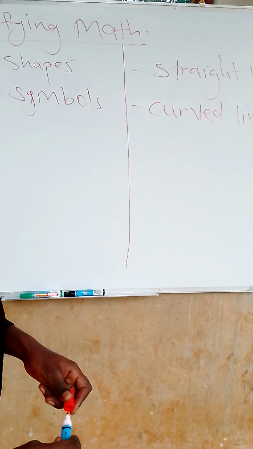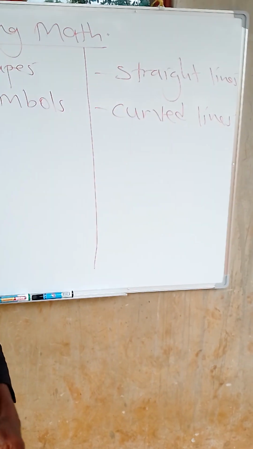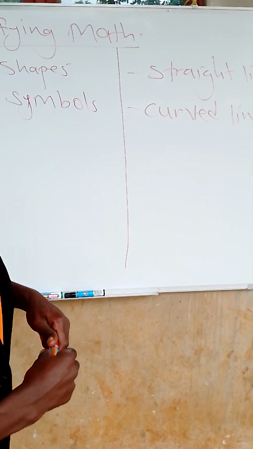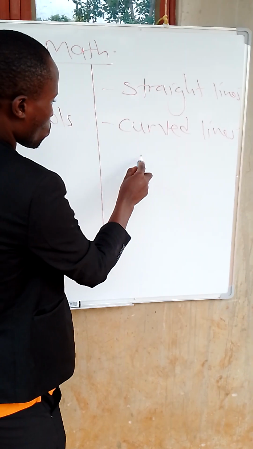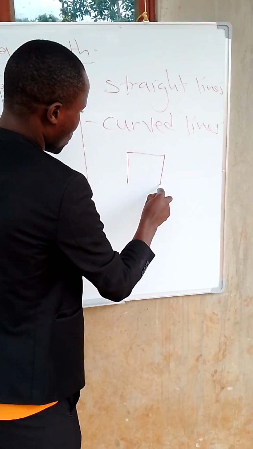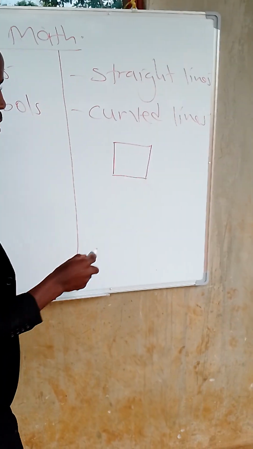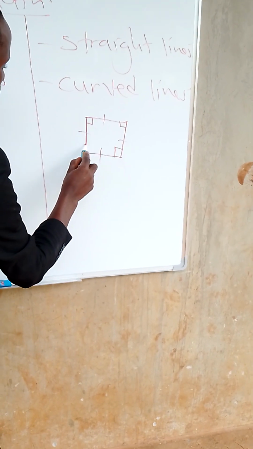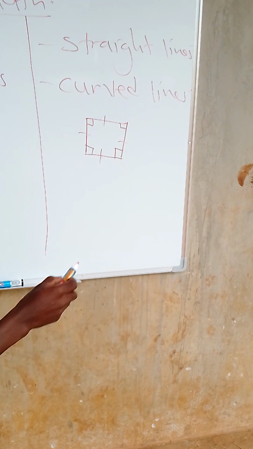Symbols are made when these kinds of lines meet to make shapes. For example, if two straight lines meet, they make a shape. And this shape we have made is called a square.